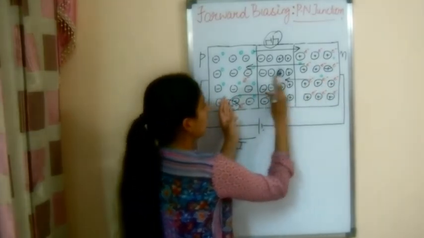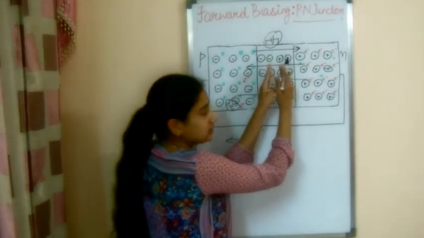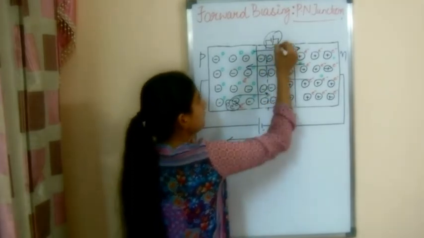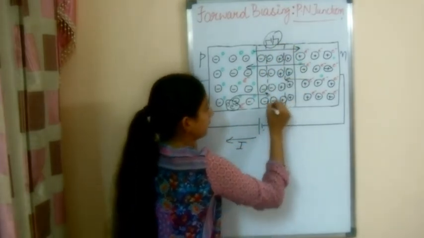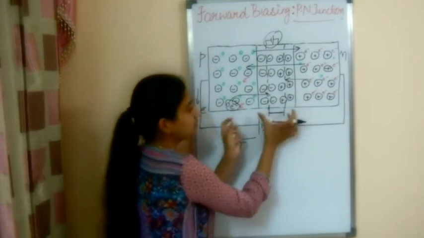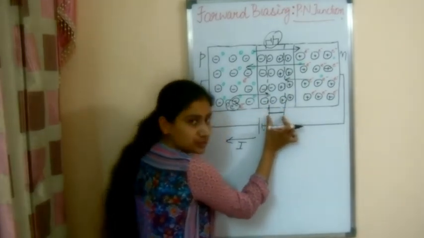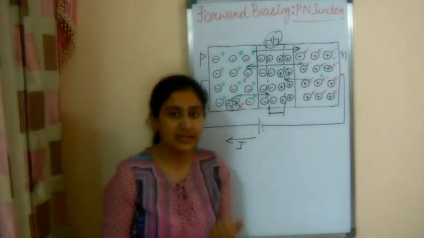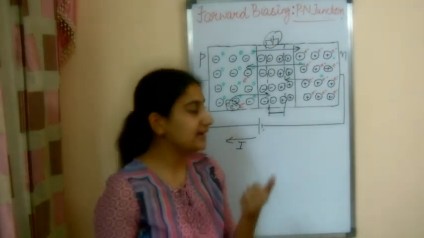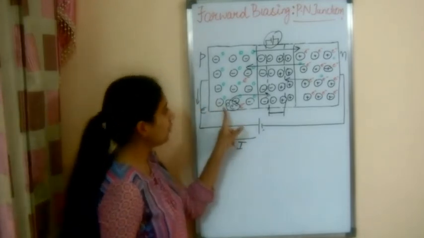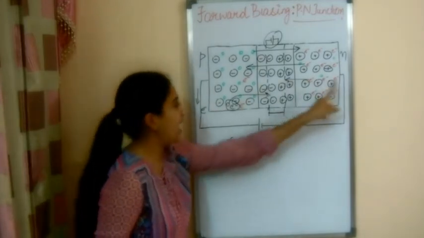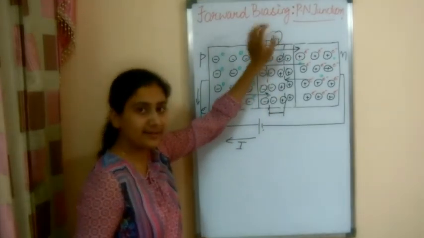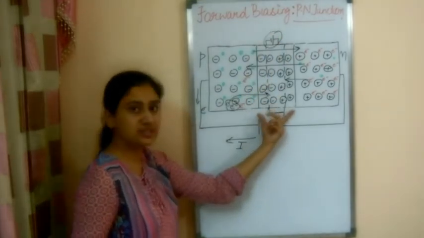We know that electrons and holes have entered into the region, so the depletion region has been minimized. The depletion region width has reduced. So when forward biasing of the PN junction is done, there is a flow of current, shown both internally and in the external circuit, and the potential barrier is lowered.